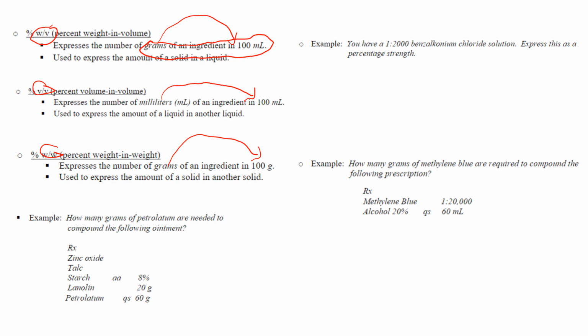For example, I don't know if benzalkonium chloride is a solid in a solid. I'm assuming it's something in a liquid, but it could be grams, it could be a volume, but either way, your solving process is going to be the same. If you want to express this as a percent, all you have to do is put one unit in the numerator, because we don't know if this is in grams or in milliliters, but it doesn't really matter, over 2,000 milliliters of solution.